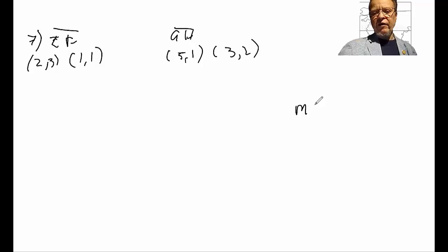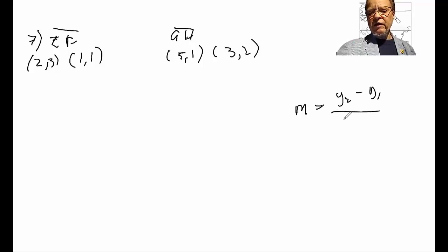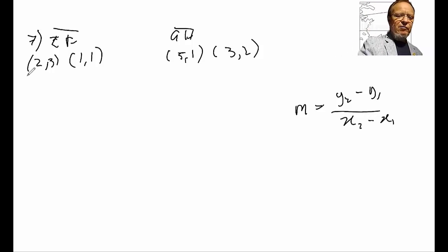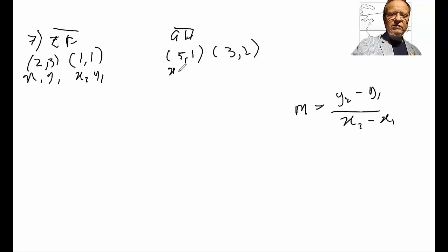So we have m equals y2 minus y1 over x2 minus x1, as before. I label each of these points x1, y1, x2, y2, and then x1, y1, x2, y2.